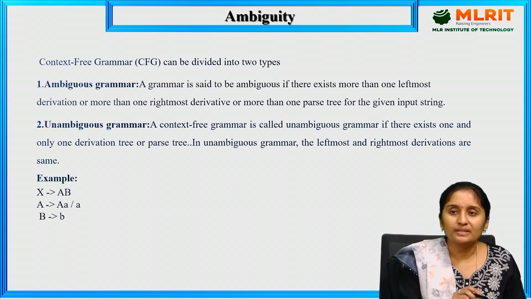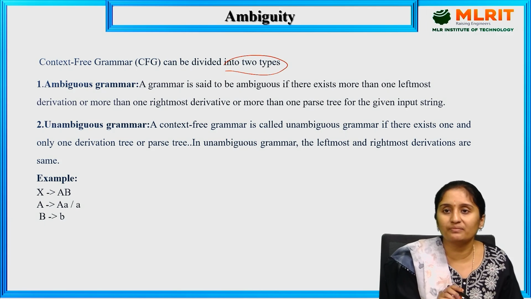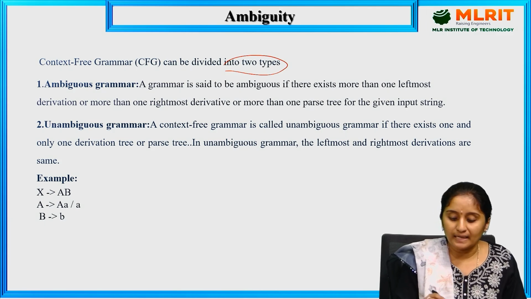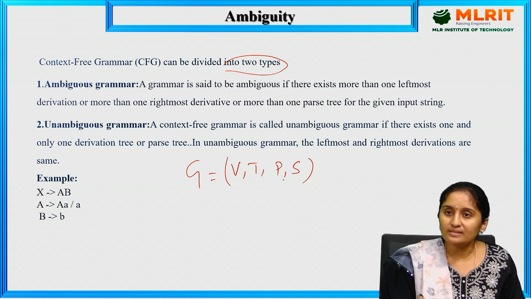Here the context-free grammar is divided into two types. A context-free grammar consists of four tuples, so we can call it a quadruple: G is equal to (V, T, P, S). A context-free grammar consists of variables, terminals, productions, and a start symbol.